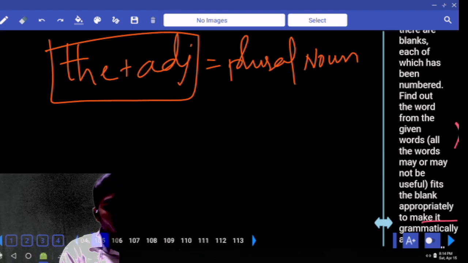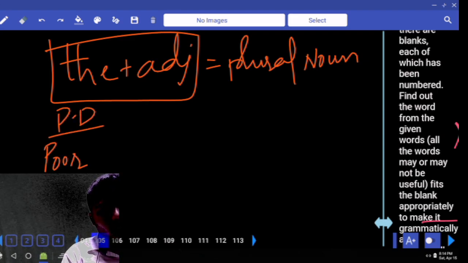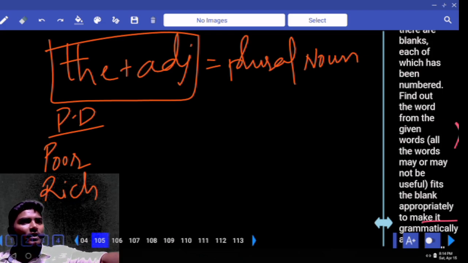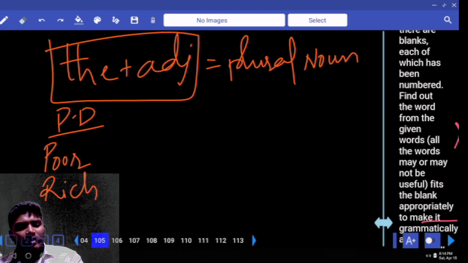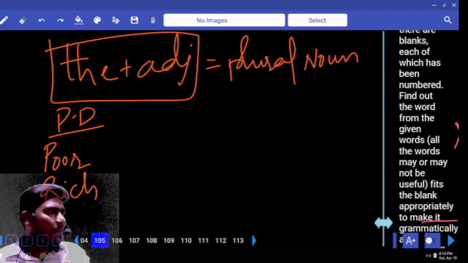For example, we have positive degrees like poor, rich and all. Can you change these degrees into comparative and superlative? Poor, what is comparative? Poorer. What is superlative? Poorest. Richer, richest. This is one category where we use the comparative degrees.